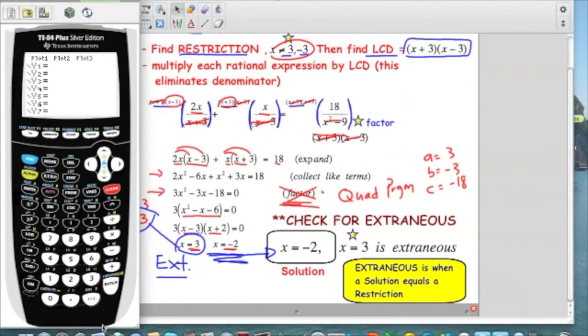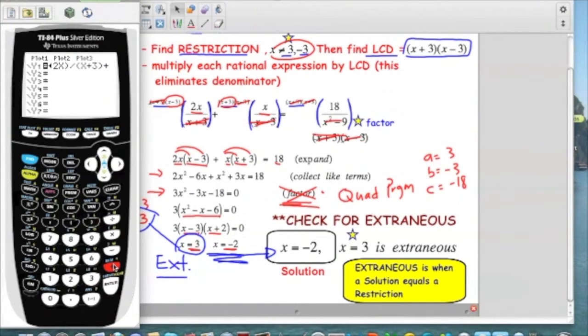So we're going to graph this. It's bracket 2x, close the bracket, divided by bracket x plus 3, close the bracket, plus bracket x, divided by bracket x take away 3. You've got to remember these brackets, very important. If you don't put the brackets in, you will not get it right.